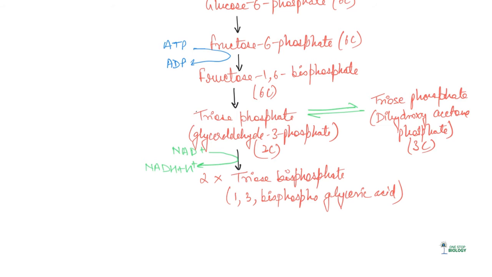So here now the 1,3-bisphosphoglyceric acid will be converted into again two molecules of 3-phosphoglyceric acid. Again, this will be a triose phosphate.